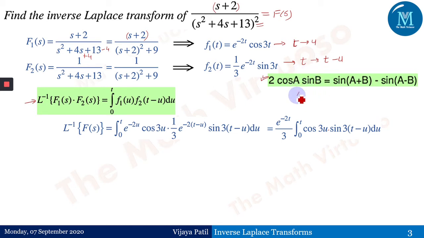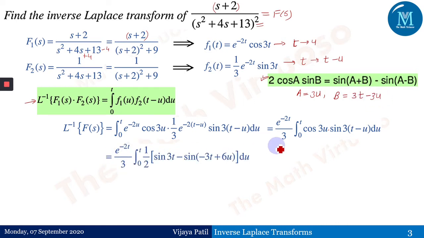So capital A, in the current case, is 3u, and capital B is 3t minus 3u, and therefore the 2 will come in the denominator on the RHS.